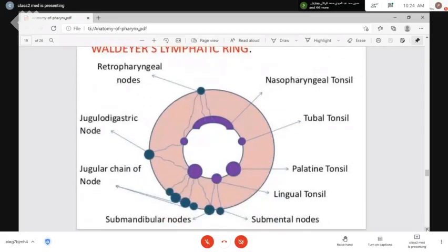It is a circle of lymph nodes: submental, submandibular, jugular chain nodes, lingual tonsil, palatine tonsil, tubal tonsil, nasopharyngeal tonsil, and retropharyngeal nodes. All these form a ring in the pharynx.